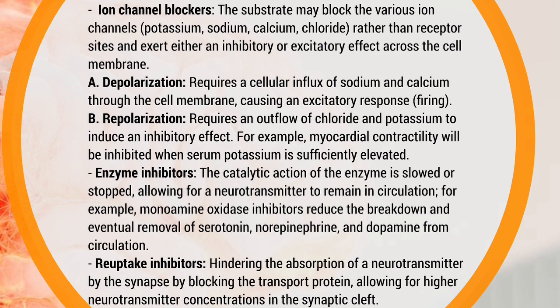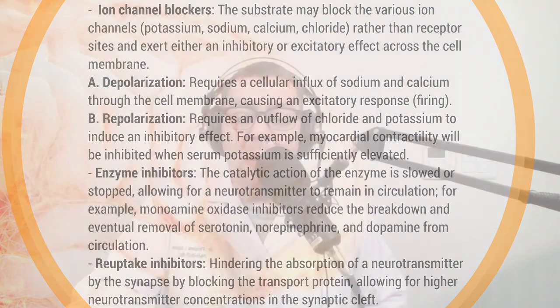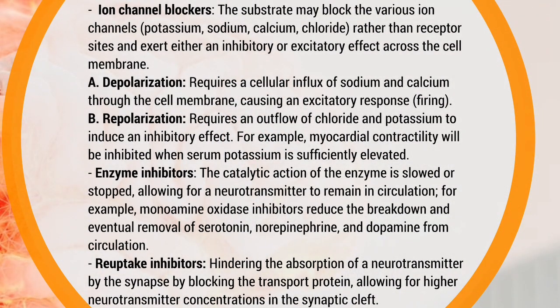The substrate may block various ion channels, such as potassium, sodium, calcium, and chloride, rather than the receptor sites, and exert an inhibitory or excitatory effect across the cell membrane. If you are part of the psychopharmacology class, we go into detail on the seven ways in which drugs affect our body in module 1. The ion channels go into more detail with depolarization and repolarization.